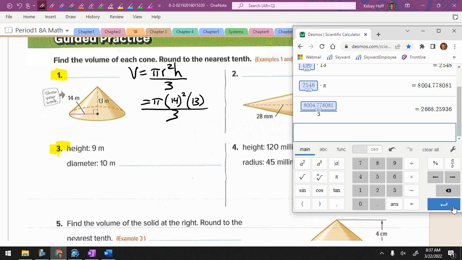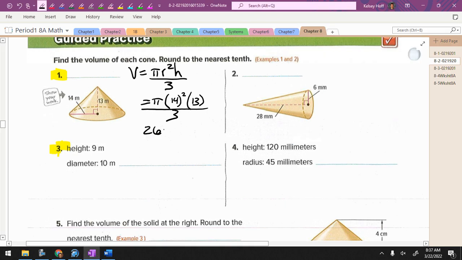I hit enter. 2668 point, what? 2, 3. Why a 3? The 5 is next to it. Rounds it up. Nicely done. 2668.3. Label: meters cubed. Whoops. Meters cubed.